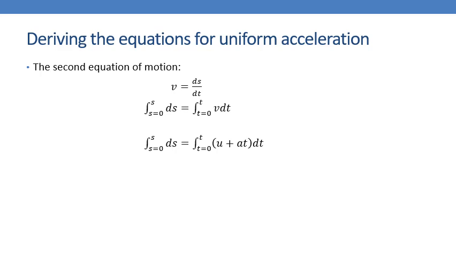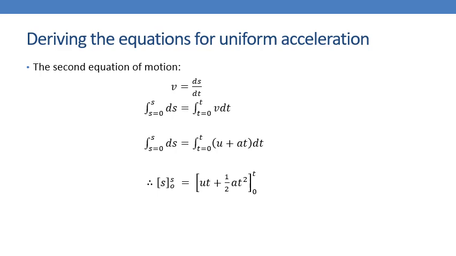We then use our square definite integral brackets, and on the left side ds integrates to s. On the right hand side u integrates to u times t. So we go from t to the 0 to t to the 1 divided by 1, which cancels out.